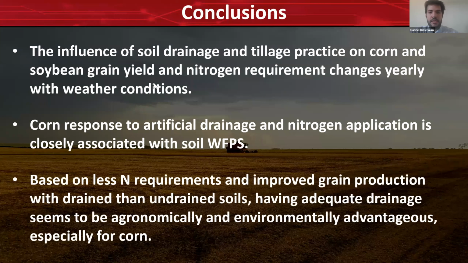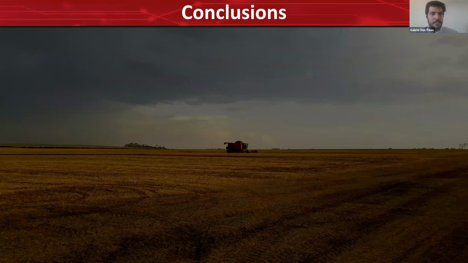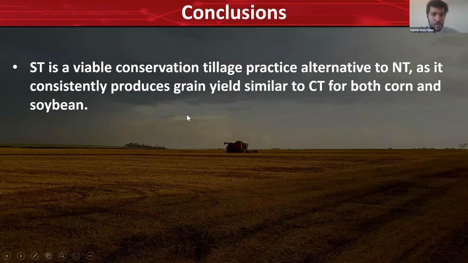And then based on less nitrogen requirements and improved grain production with drained compared to undrained, having adequate soil drainage seems to be both agronomically and environmentally advantageous, especially for corn. Strip tillage is a viable conservation tillage practice alternative to no-tillage, as it consistently produces grain yield similar to conventional tillage for both corn and soybean, even though no-tillage was not very different for soybean production.